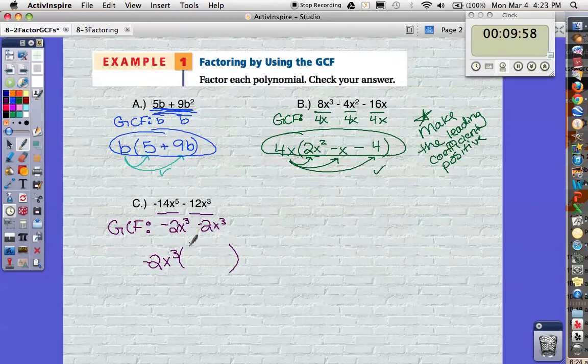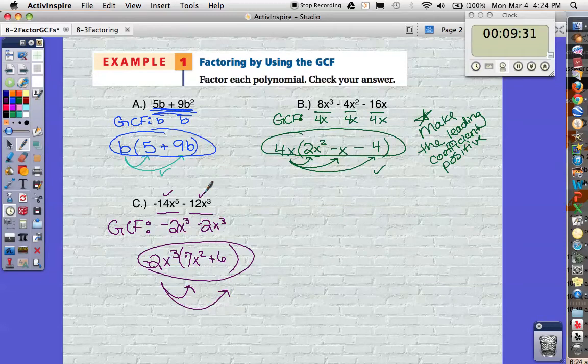Negative 14 divided by negative 2 is a positive 7. X to the 5th over x cubed is x squared. Negative divided by negative is a positive 6, and there's no x's on the inside. All right, that looks good. We can check it. This would be negative 14x to the 5th, and then this would be negative 12x cubed. Very good.